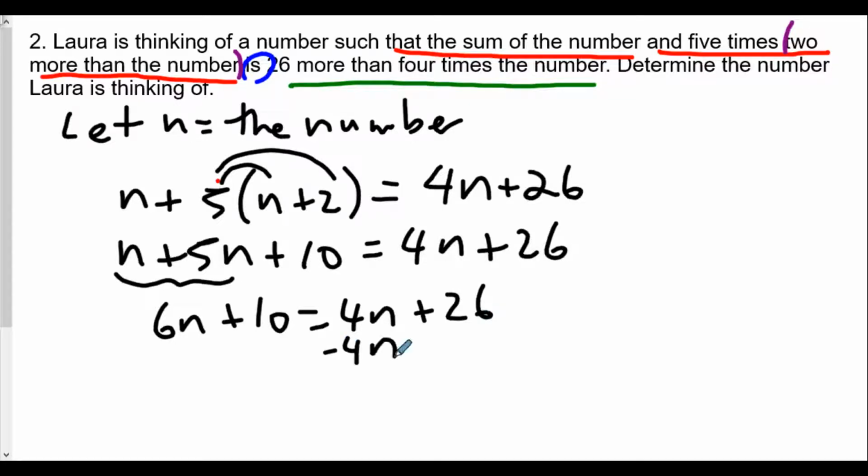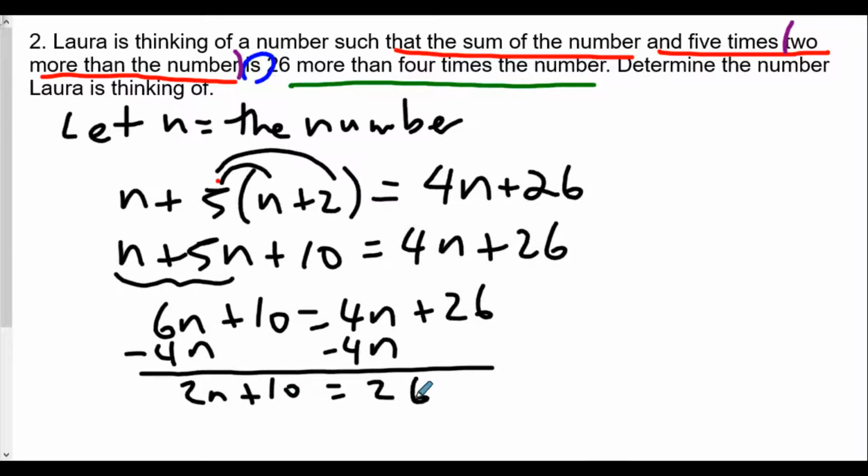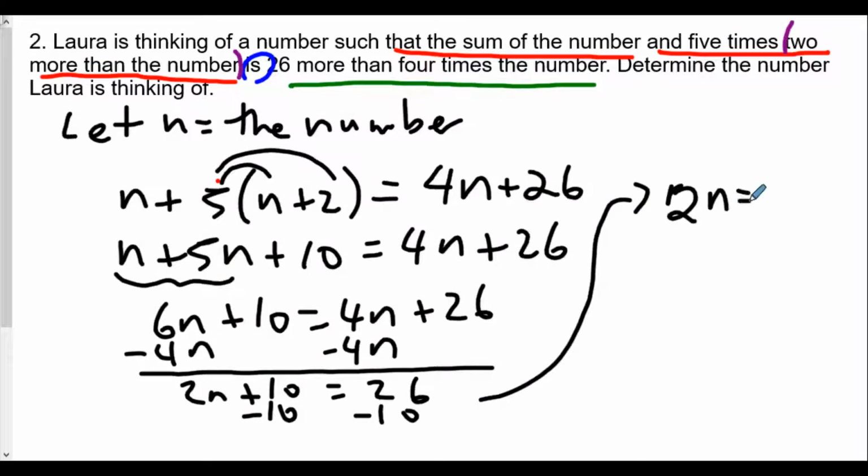Subtracting the smaller of the two variable terms, 4n, we get 2n plus 10 equals 26. Subtracting 10 from both sides, we get 2n equals 16. Divide both sides by 2, n equals 8. And so therefore the number will be 8.